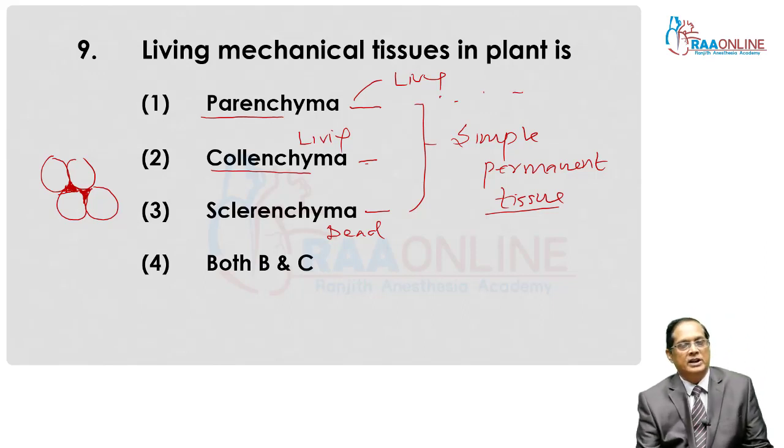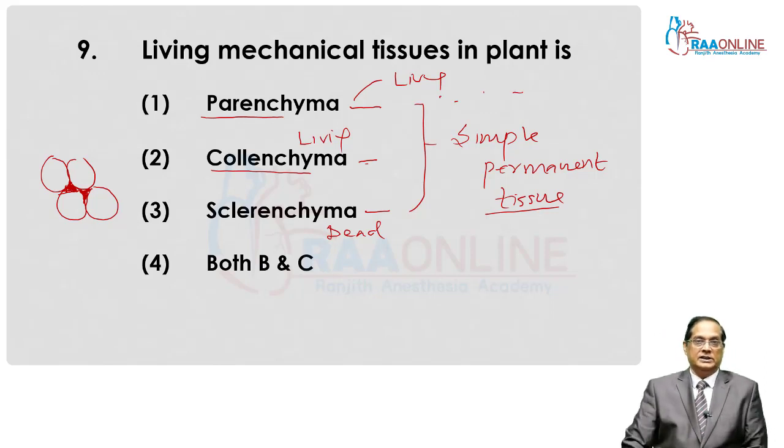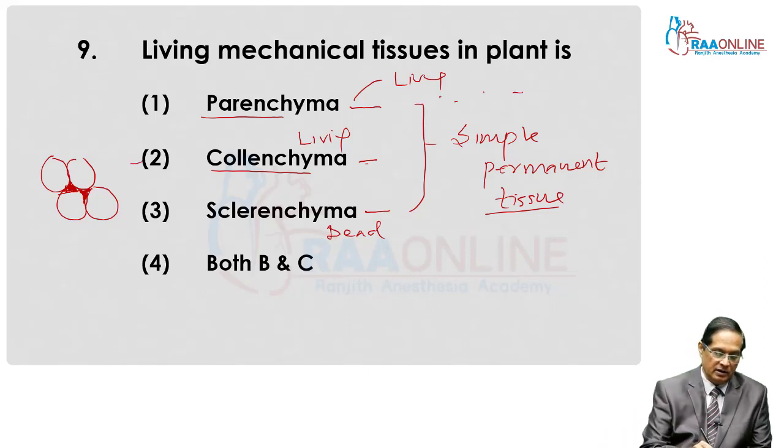They perform various vital activities including photosynthesis if they have chloroplast. But in addition to other vital activities, they are also responsible for providing mechanical support or strength to the plant. Collenchyma provides mechanical strength and they are living also.